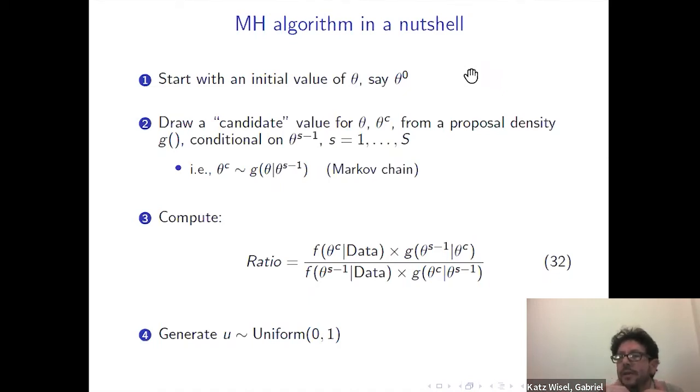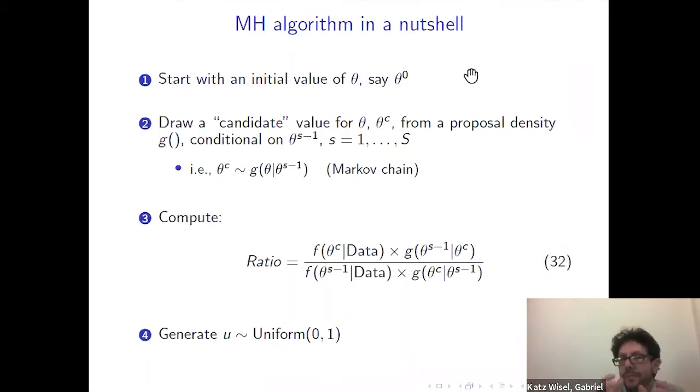We then evaluate, as seen in equation 32, we compute the ratio, which is essentially a ratio of the posterior distribution of the parameter evaluated at the candidate value of the parameter and then the previous value of the parameter, multiplied by, again, a ratio of the proposal density, G, evaluated in the denominator at the previous value of the parameter and in the numerator, the candidate value.